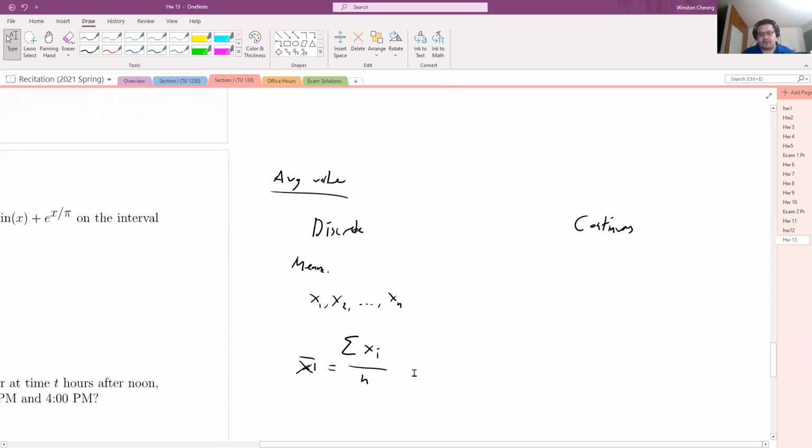So you're already familiar with what it means to take the average if you have discretely many values. But contrast with the continuous setting. In the continuous setting, you don't have discrete values. You have a function, and you have a set of values from an entire domain, an interval.